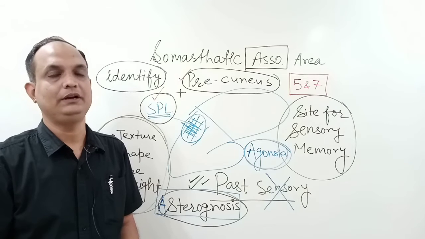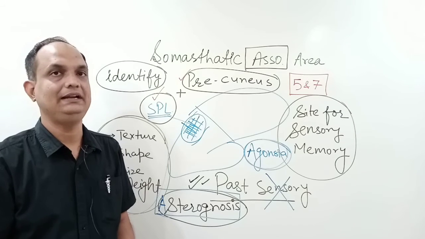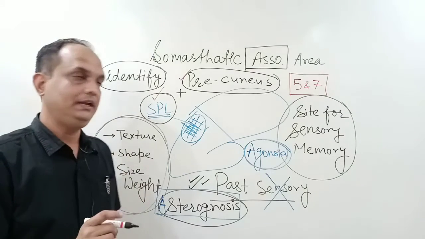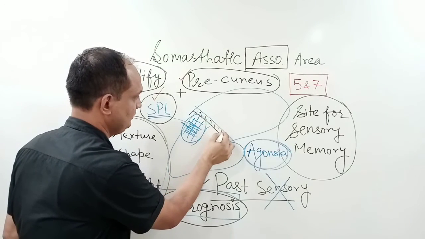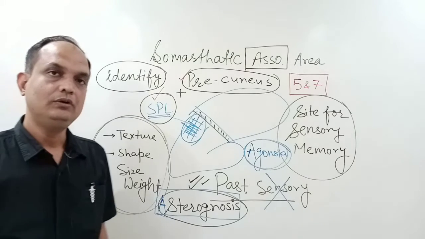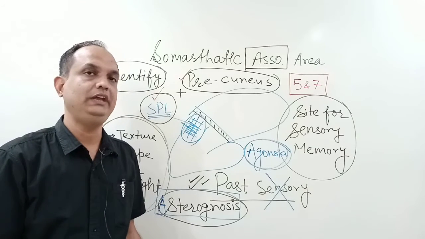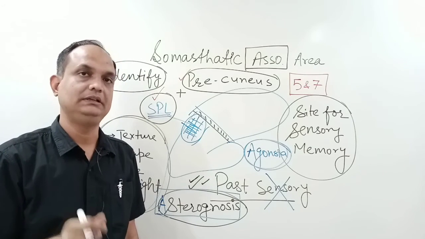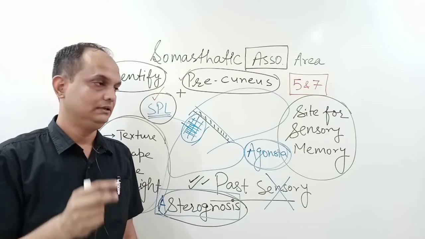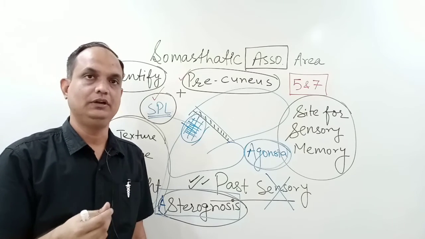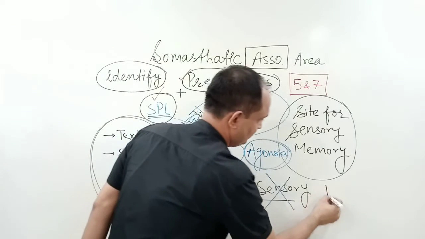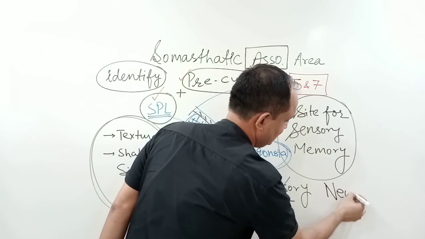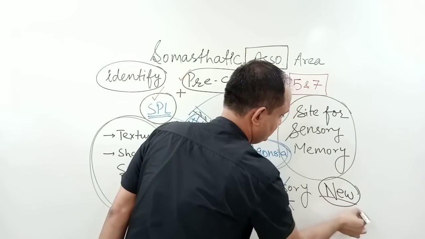Now this is the important thing you have to realize: the primary sensory cortex of that person is normal. So the person is able to feel the coin, and is able to feel the thickness of that coin. But now it is considered a new sensory input.